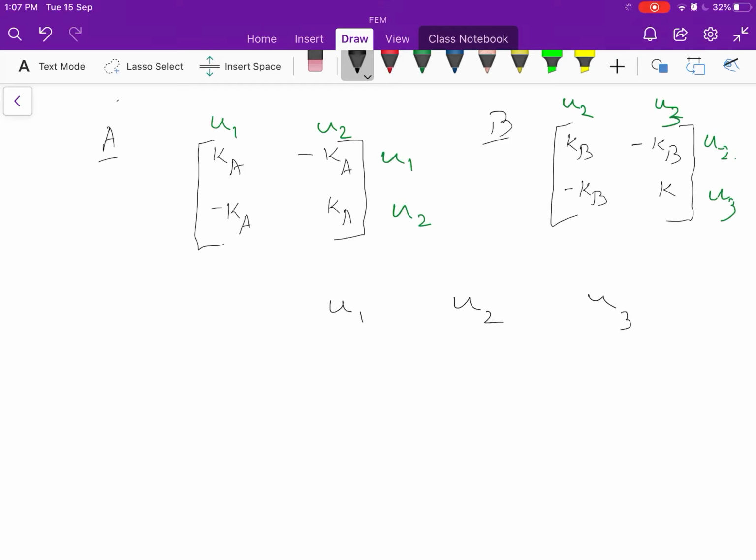Similarly, here also it would be u1, u2 and u3. Now we are in a position to write down the global stiffness matrix. How? Let's see.